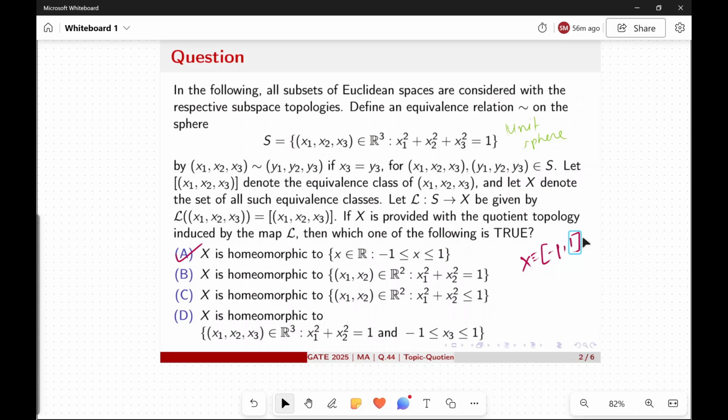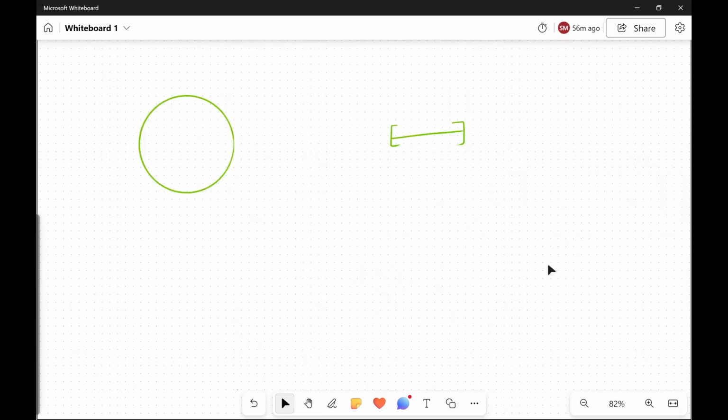Now suppose B is correct. If any of B, C is correct, that means these Hausdorff spaces, this circle or this disk or this cylinder, are homeomorphic to the interval minus 1 comma plus 1. But let me write it down. If you take any point from inside, and suppose we have some homeomorphism g, it will have a pre-image c, d such that g(c) is equal to d.